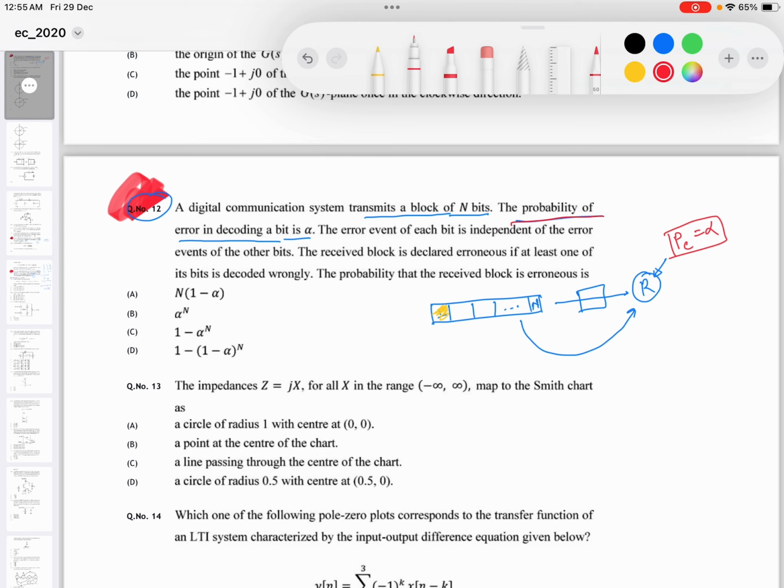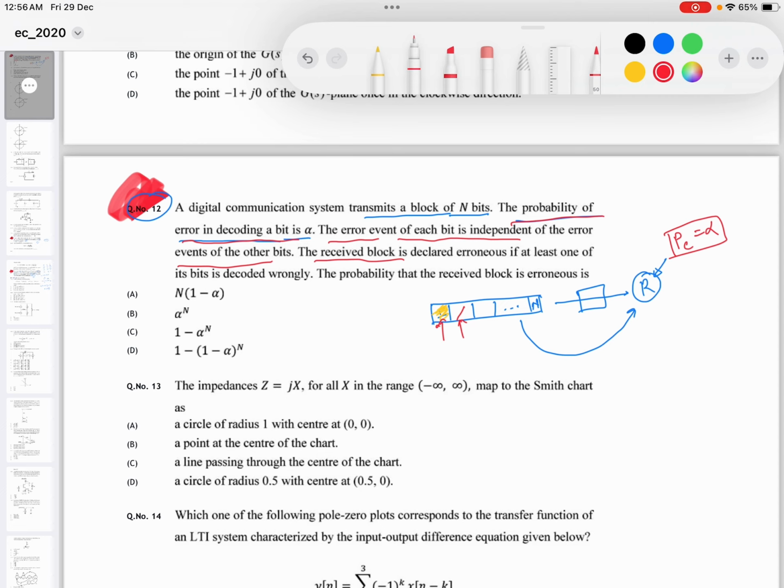That is what is given. The probability of error in decoding a bit is alpha. The error event of each bit is independent of the error event of the other bits. So decoding this bit and this bit are independent. It has nothing to do with decoding the other bits.